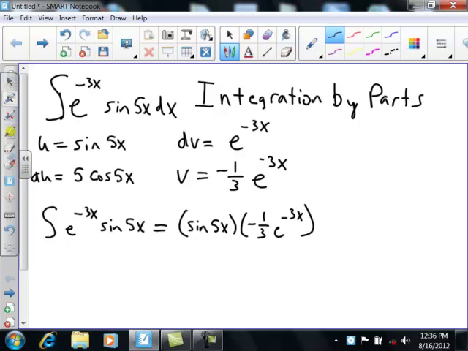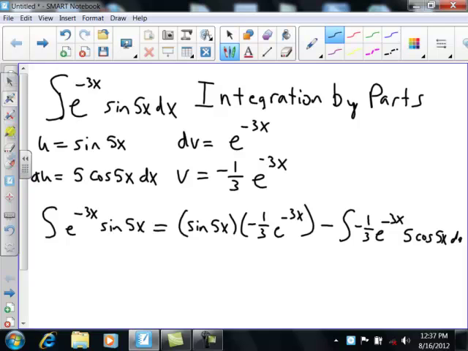So it's going to be uv minus the integral of v, which I found to be negative 1/3 e to the negative 3x, and then du, which was 5 cosine 5x, all that dx. I forgot my dx over here. Sorry about that. So 5 cosine 5x dx.